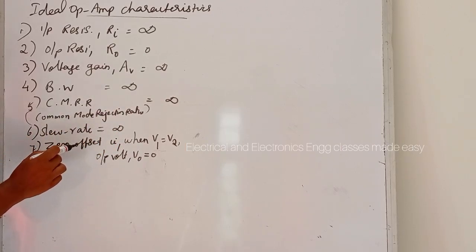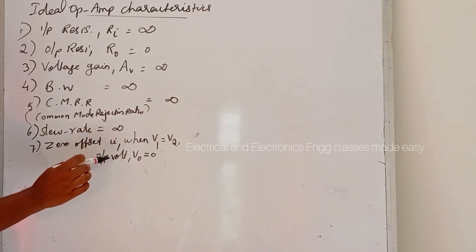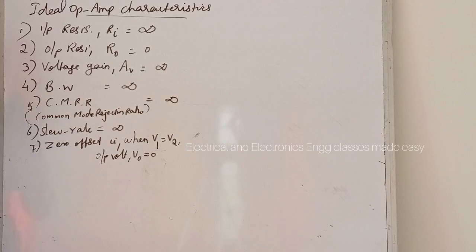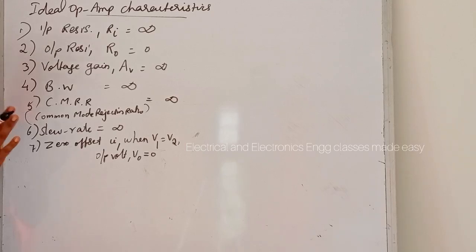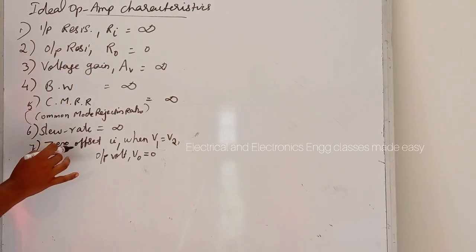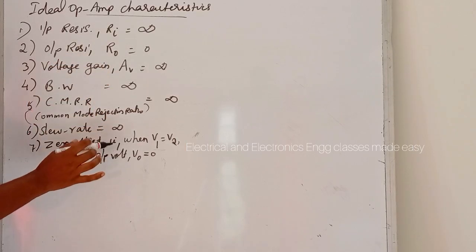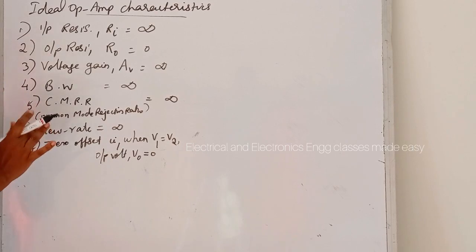Zero offset: when V1 is equal to V2, output voltage V0 is equal to 0. So output resistance and offset are 0, and all other characteristics are infinity in the case of an ideal op-amp.